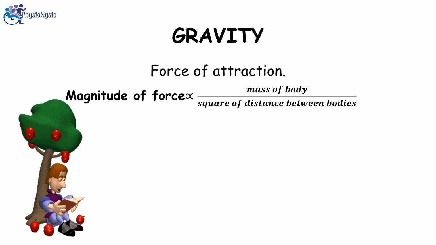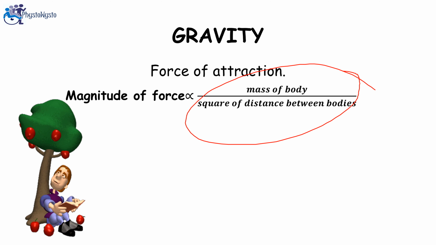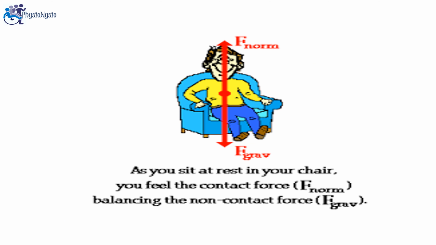Magnitude of force of gravity is directly proportional to the mass of the body and the square of the distance between the bodies. The force of gravity is continuously acting upon the human body, and it is always directed towards the center of the earth.